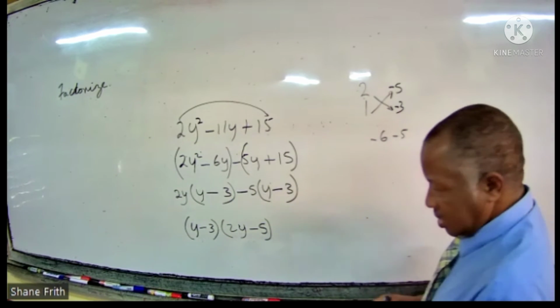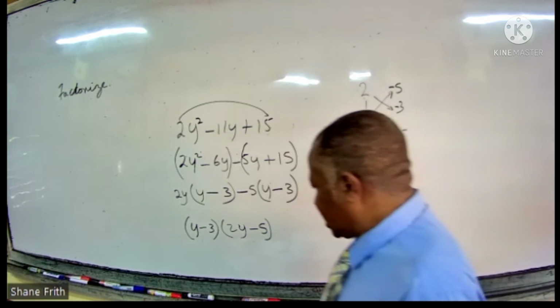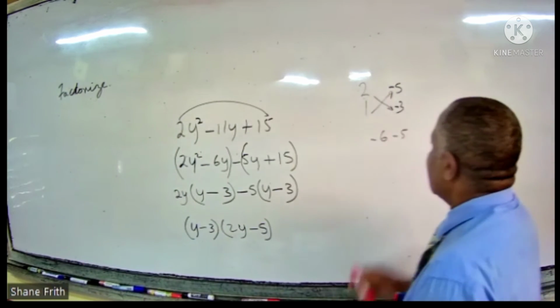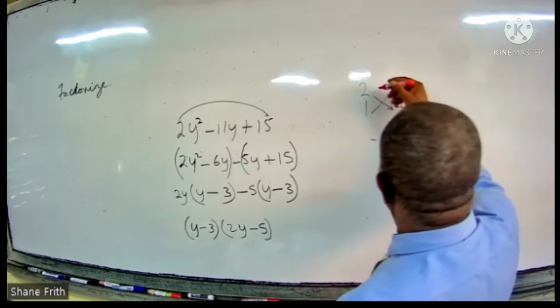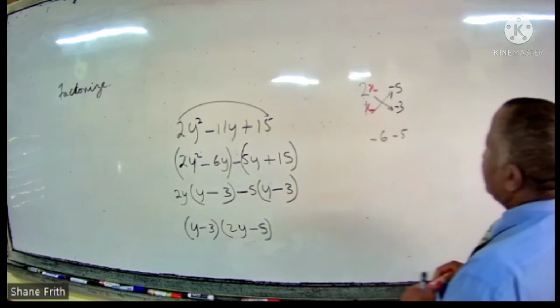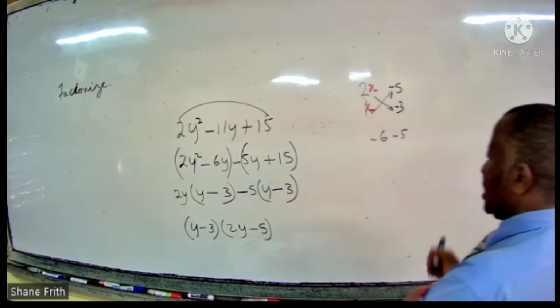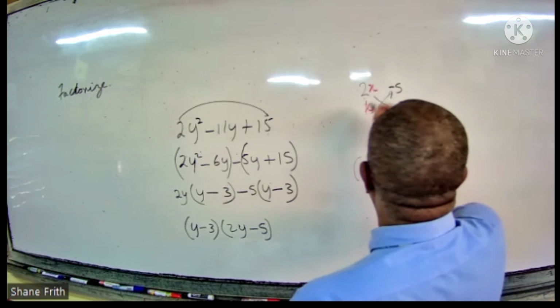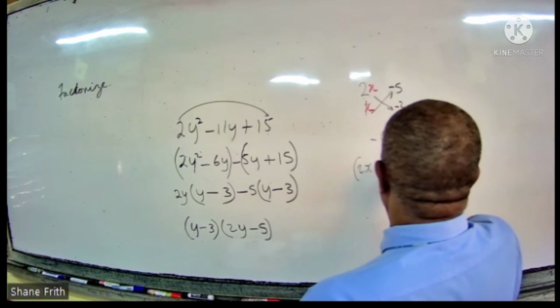All right. So simply, what I could do from here now, since I get minus 11, I just put my variable, x is the variable that we're using, and x there. Good. And then I write the last 2 product. So it will be 2x minus 5.